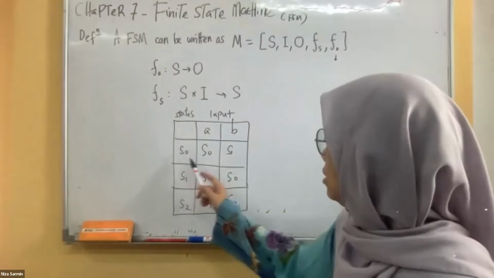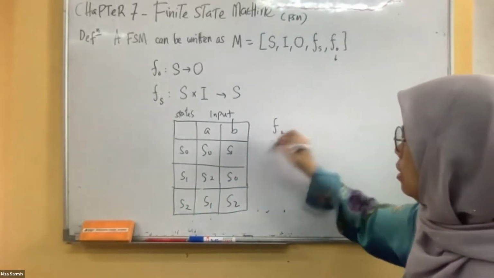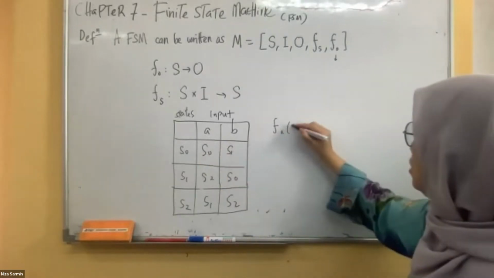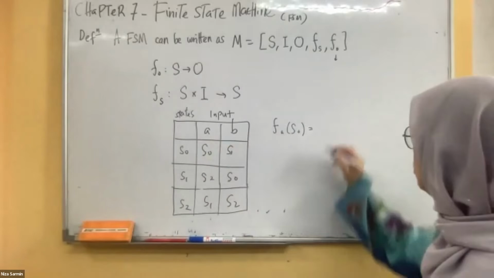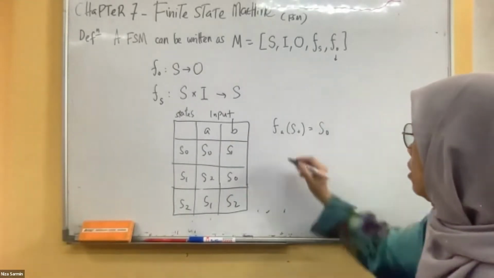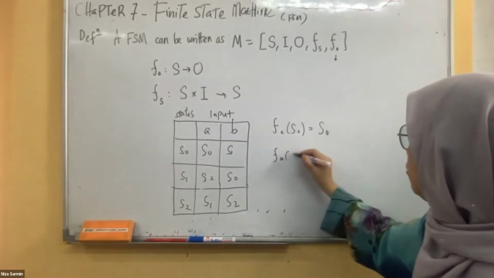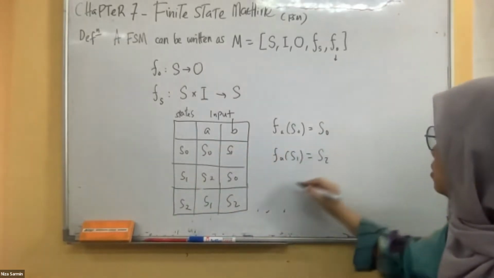Now, how do you read this? F A of S0 is equal to S0. F A of S1 is S2.